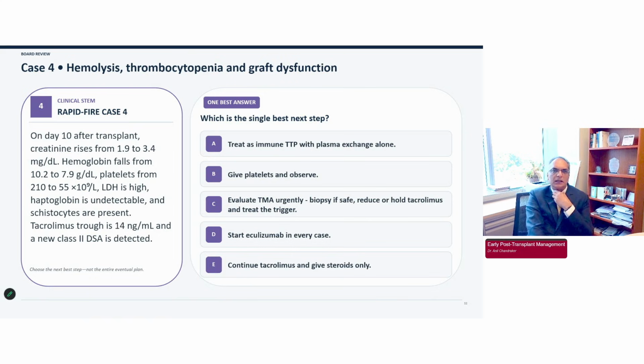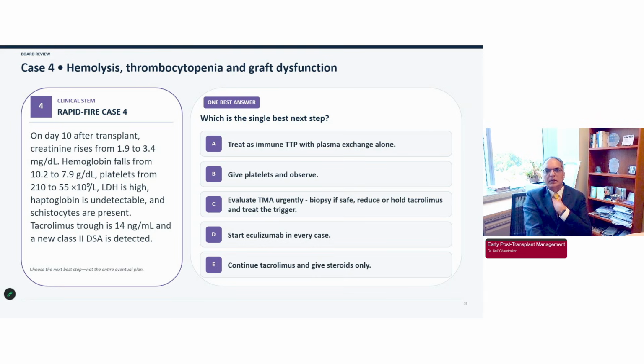Question number 4. On post-transplant day 10, if we get a slide up, creatinine rises from 1.9 to 3.4, hemoglobin falls from 10.2 to 7.9, platelets from 210 to 55, LDH is high, haptoglobin is undetectable, schistocytes are present, tacrolimus trough is 14, and the patient has a new anti-class 2 DSA.